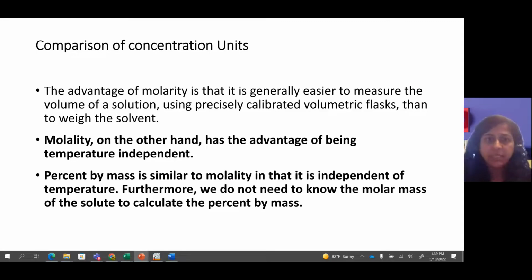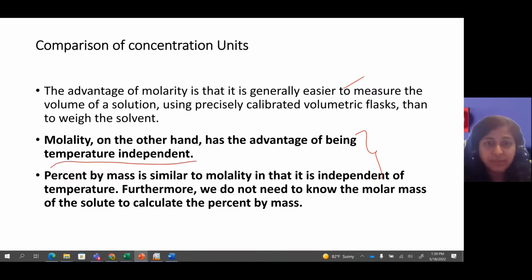Now we compare these units. Why do we have a collection of units to express the concentration? When we think about molarity, it is very easy to measure because we can easily use a volumetric flask and measure the volume. But molality and percent by mass are both very useful because they are temperature independent units.